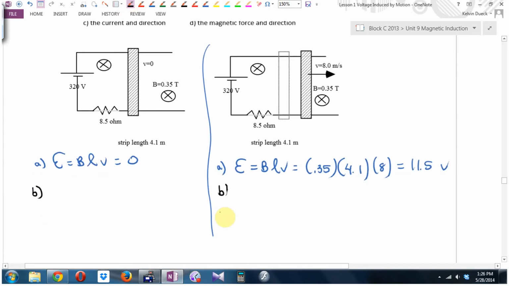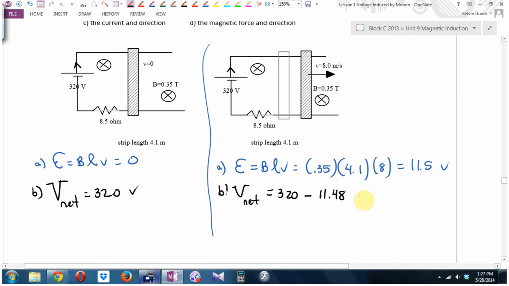What does B want me to find? Oh, the net voltage. What's my source voltage? 320. So in the first situation, the net voltage is just going to be 320 volts. In the second situation, the net voltage is going to be 320 volts from the source minus 11.48, 11.5, but I think it was 48 on my calculator.